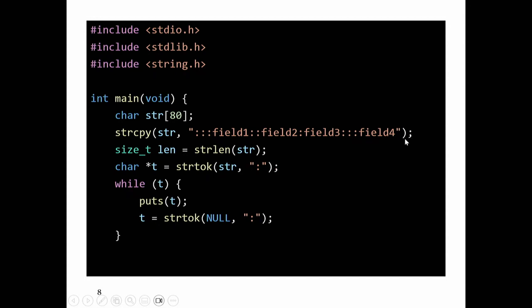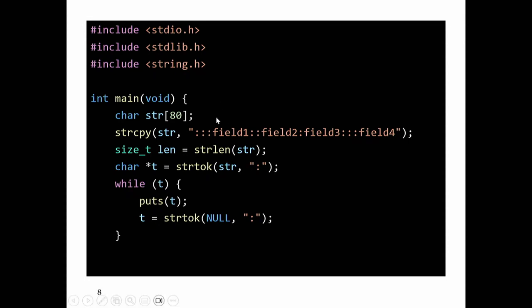As soon as it sees the null terminator in the string, it knows that's the end of parsing this string. So you start out by calling the function with the string and the delimiters you want to use. If the pointer that's returned is not null, remember, it's returning a pointer to the token.